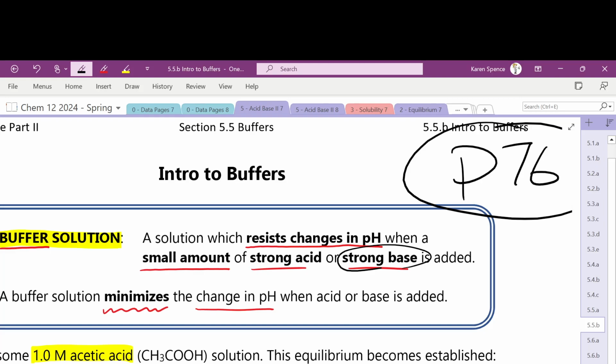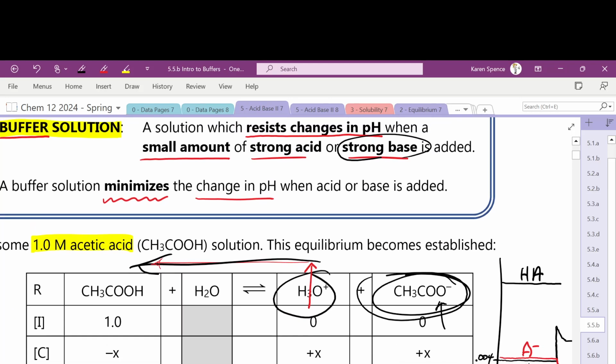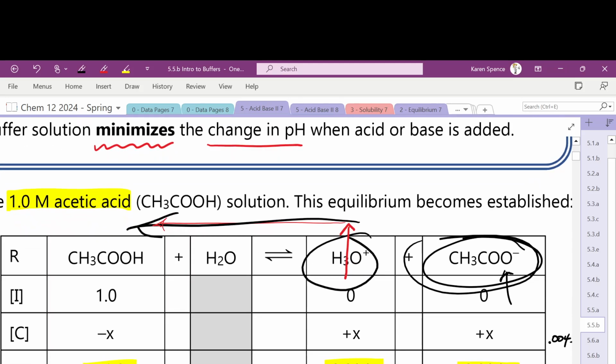All right? What would we need to have more of in order for this to be able to shift to the left? We would need to have a lot more of this thing, right? Can you think of a way we could add more CH3COO minus without just adding more of the acid?